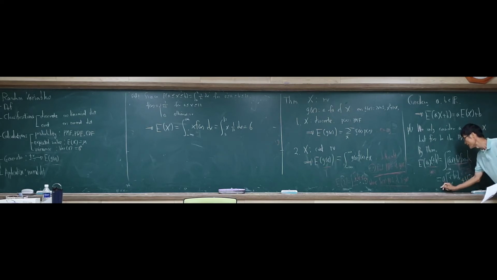So we can see that this is equal to aE[X] plus b, as the total integration of f is equal to 1. We have such a formula: the expected value of aX plus b is equal to a multiplied by E[X] plus b.